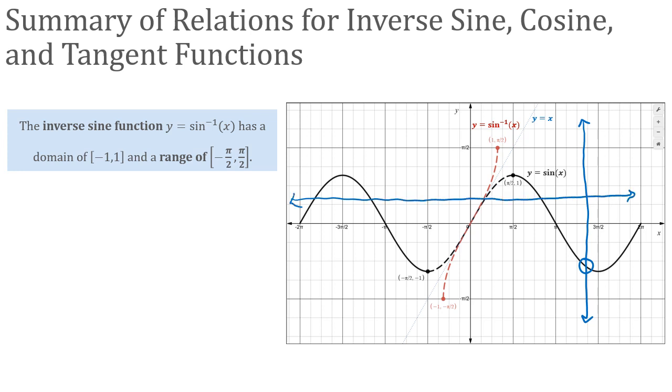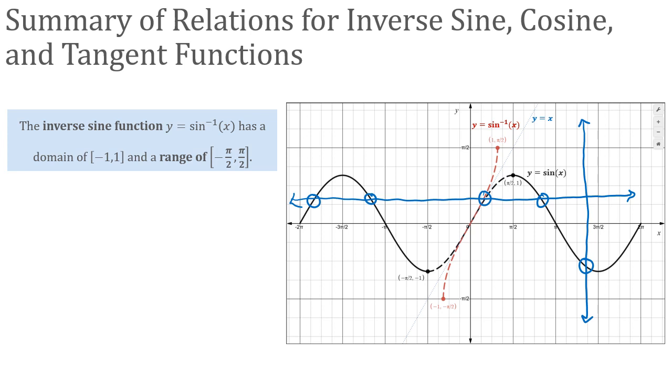And because of that, unless we do some limitations, we are not going to have an inverse sine function. So that's why we had to do a limitation. And that limitation is the function that you see graphed in red.